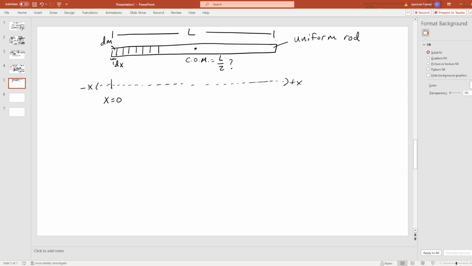Or you could use dr if you like, but for our purposes, since we're only moving along one axis, dx is fine. Since we're using x's, let's use x's.